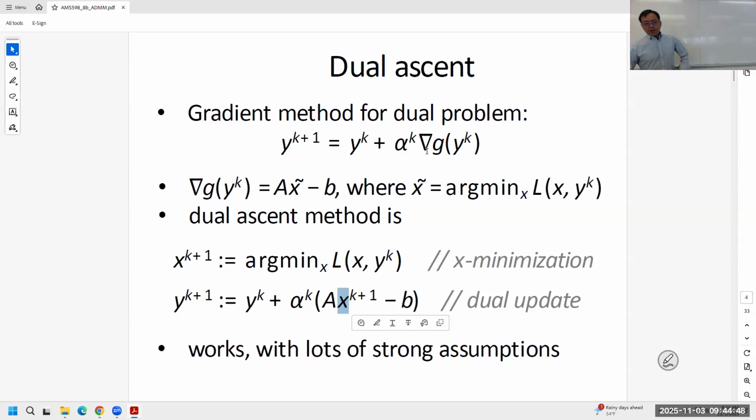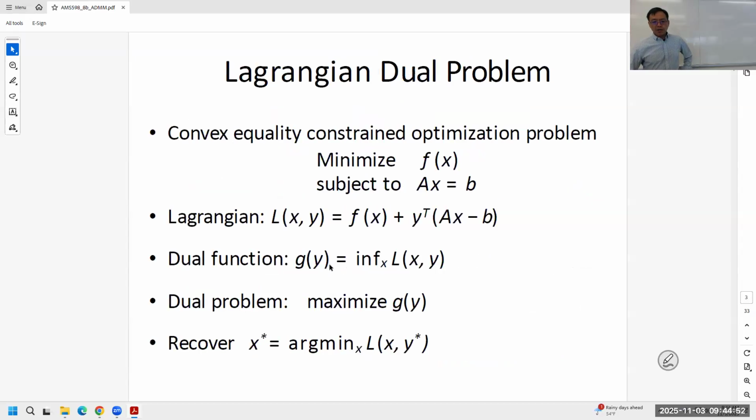I want to point out one thing here. If you want to update your y, basically you want to update your g(y). Remember, g(y) here, given x_{k+1}, since we know x in the next step, is going to be f(x_{k+1}) plus y times (Ax_{k+1} minus b).